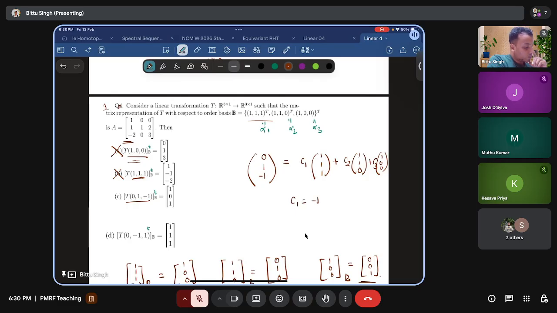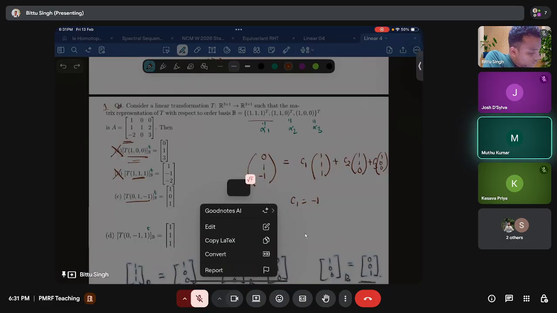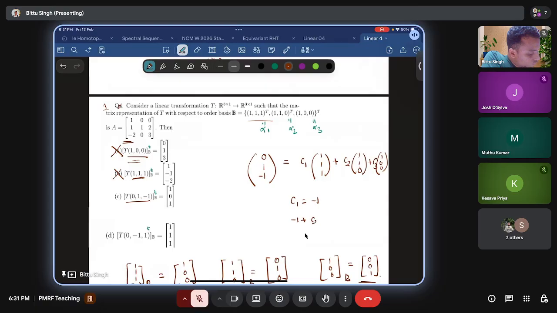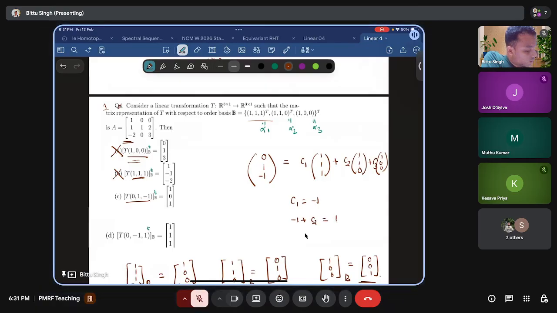Now if C1 is minus 1, the sum in the second entry should give me 1, so minus 1 plus C2 equals 1. So C2 must be 2.